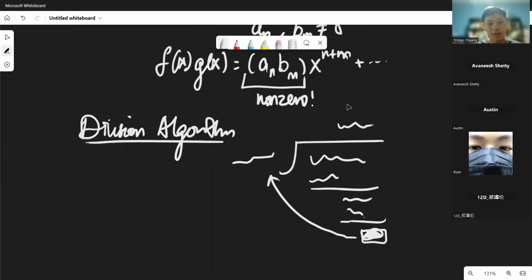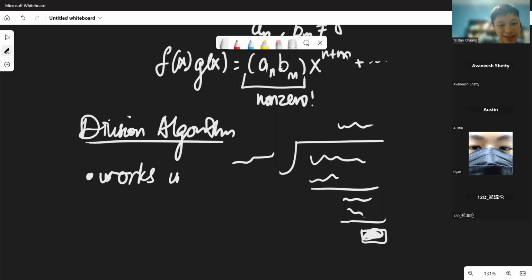This procedure works perfectly well if you're working in a field as well, because everything has a multiplicative inverse, right? So you just do the same procedure, same algorithm. I will not prove this very formally. It's quite obvious why it works if you go step by step, because it's an algorithmic thing. I don't want to jumble up the proof. So I'll just write it: works in fields as well.